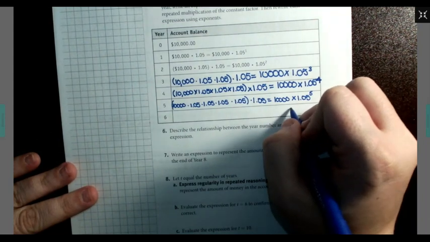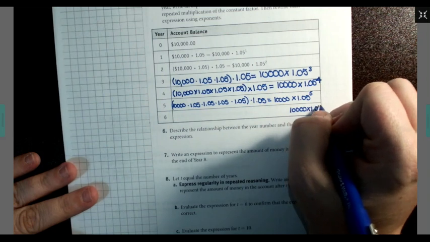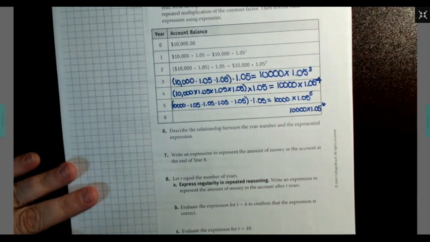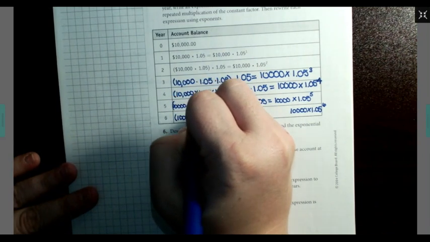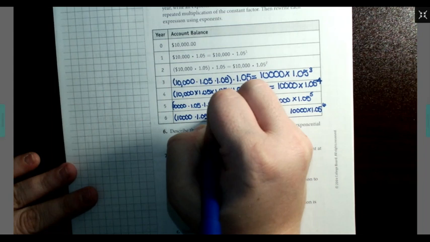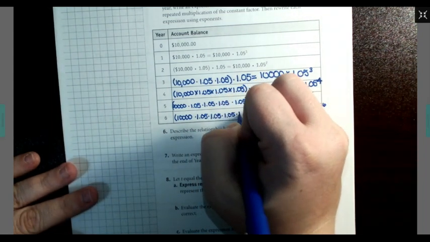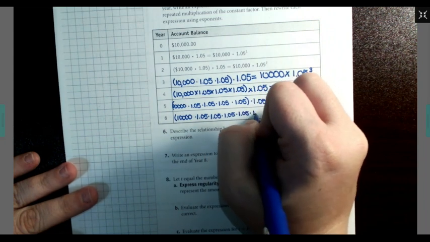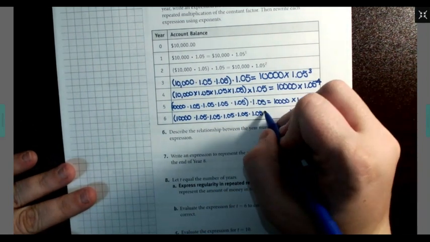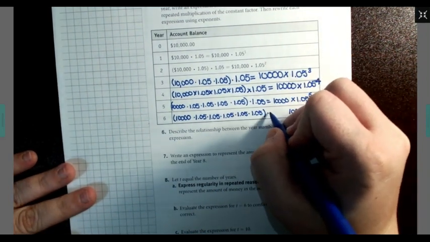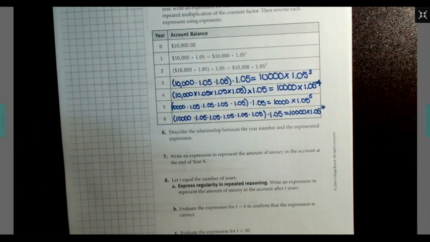If I had to take a guess, I'm thinking this is going to be 10,000 times 1.05, and my guess is to the 6th power. One, 2, 3, 4, 5. That's all from year 5. And this year we're going to multiply by another 1.05 to make it 6.